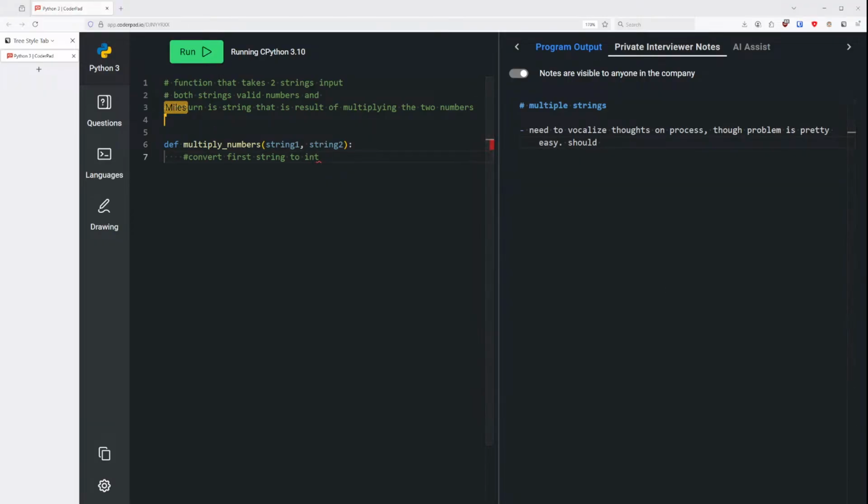Is it an int? No restrictions, but they're valid numbers.